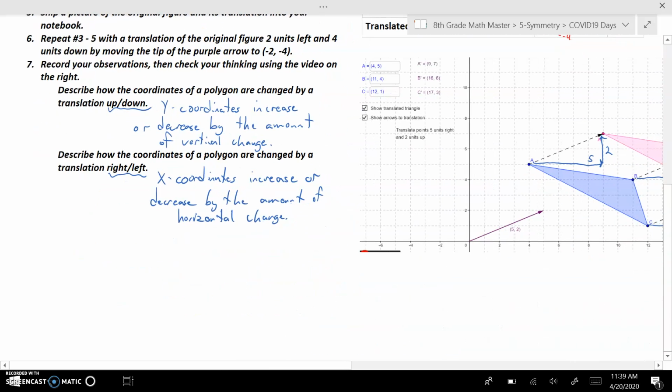So basically, in summary, we could say that translation is addition or subtraction on the xy coordinates.